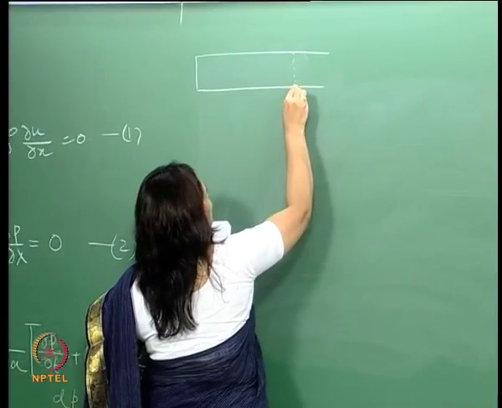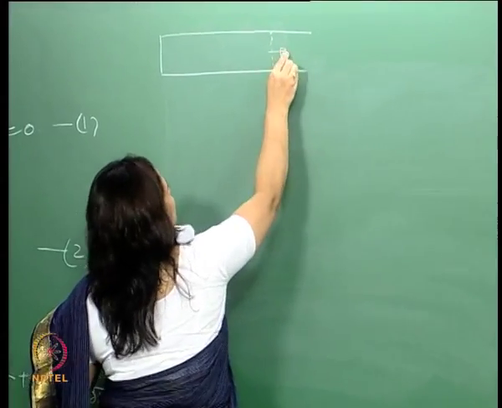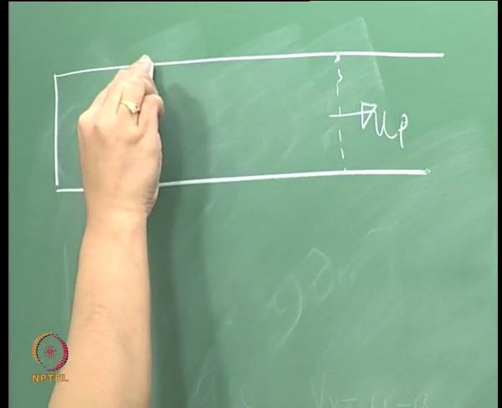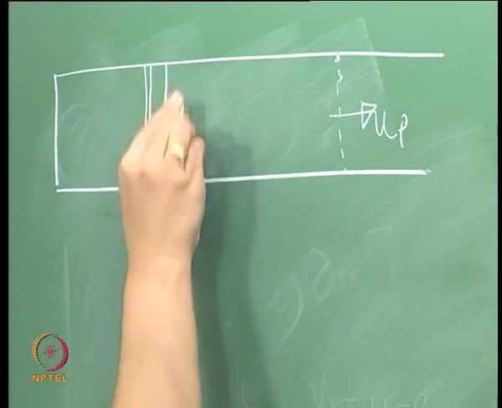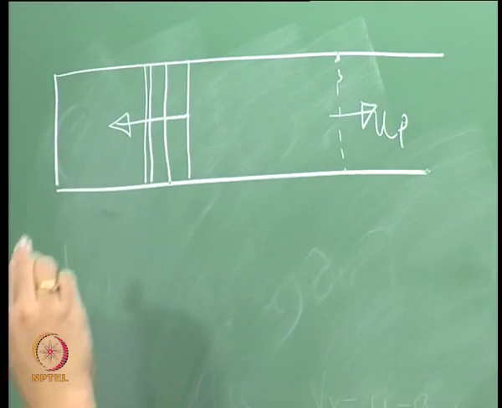So this was the contact surface, which is moving again to the right, and we had an expansion fan, say something like that, moving into this region.